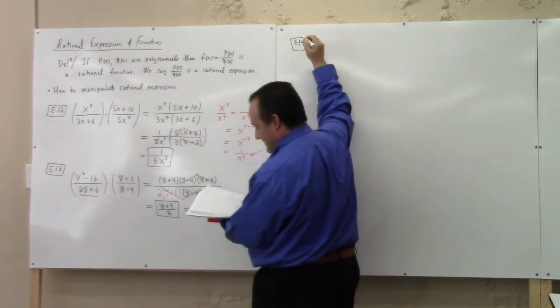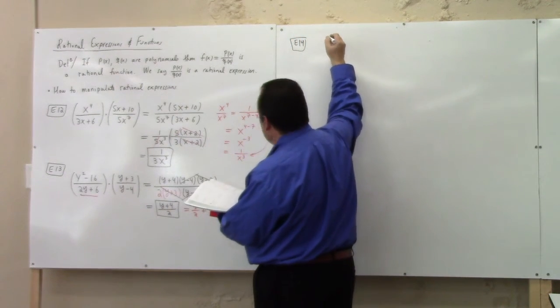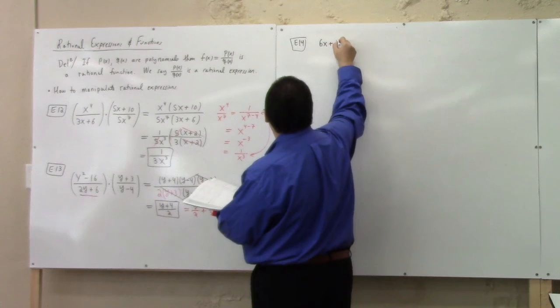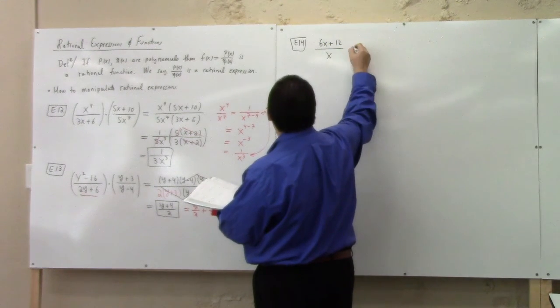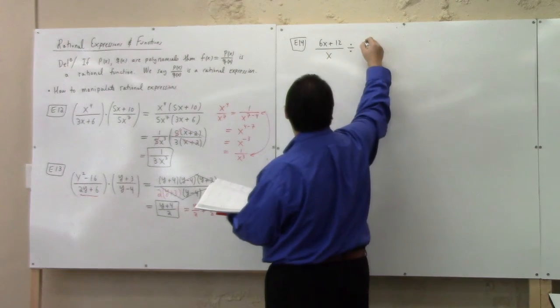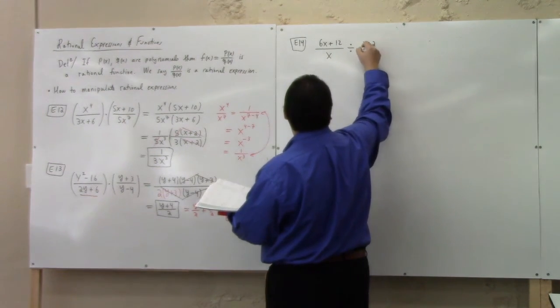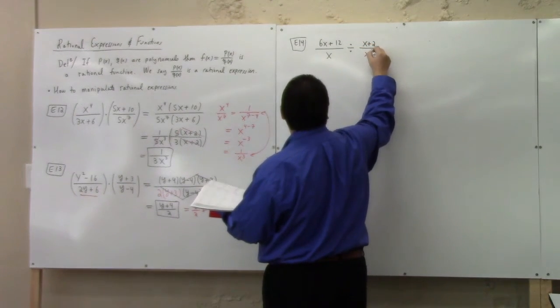I don't use the divide symbols in an algebra test because this is university. So 6x plus 12 divided by x. And what I mean by that is this symbol right here, that is not a symbol we use in here so much.